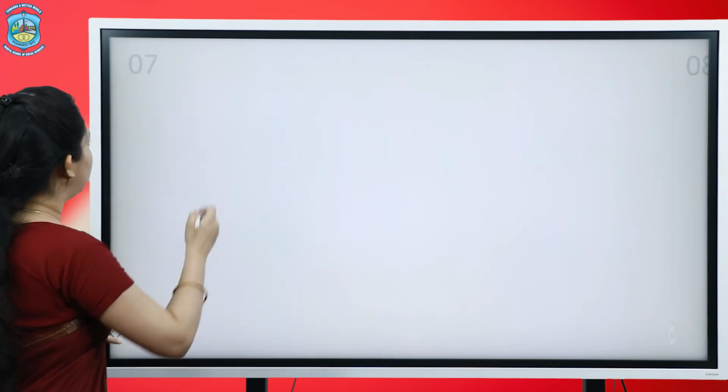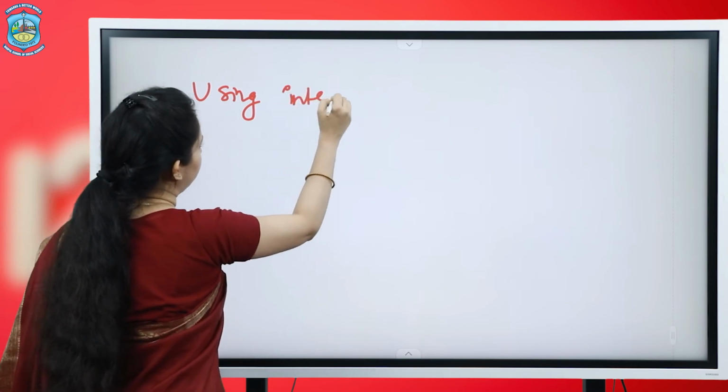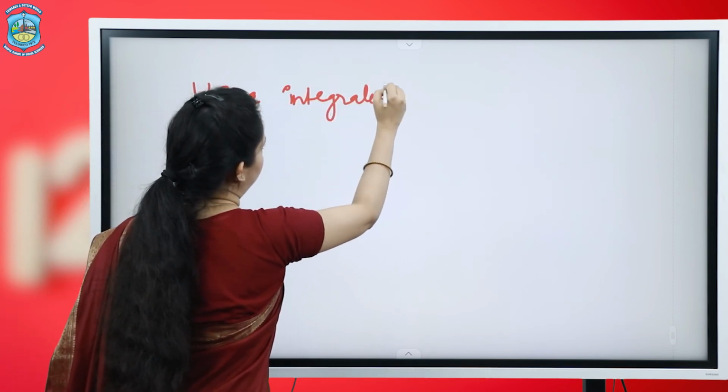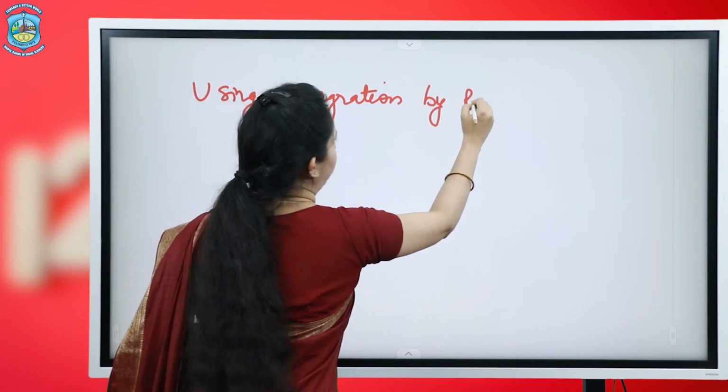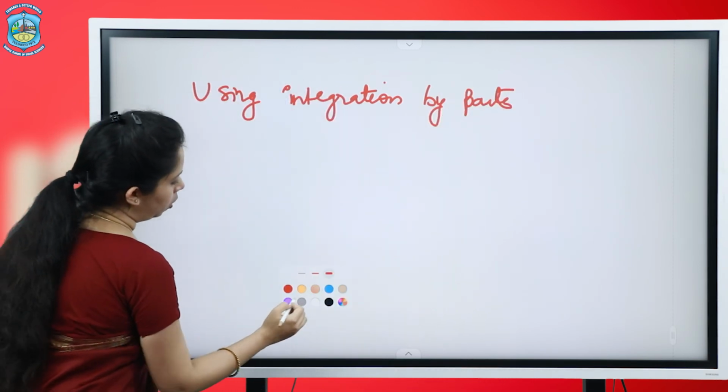So using integration by parts, we'll write the formula first and then we'll substitute the values of u and v.